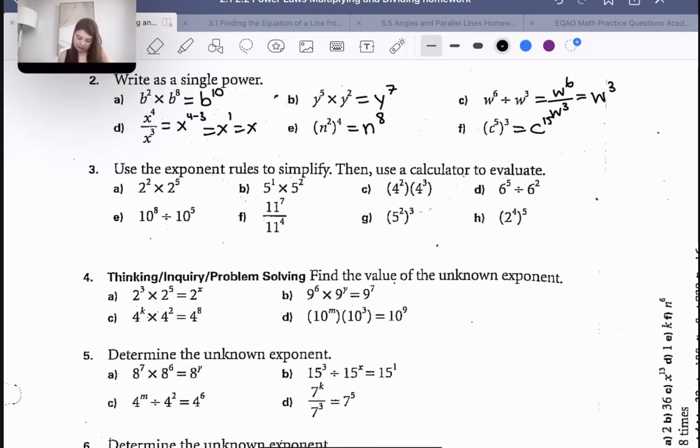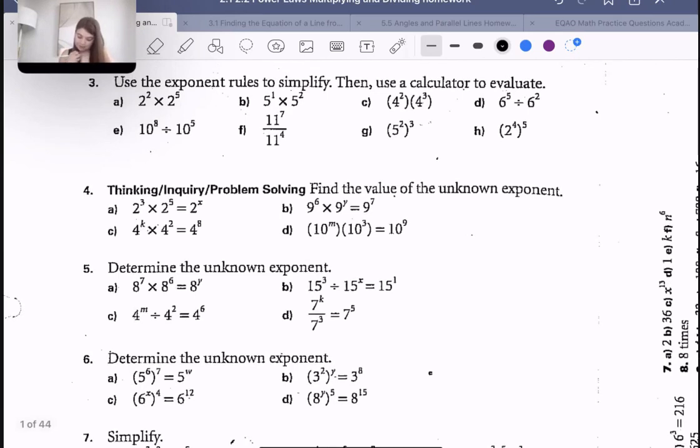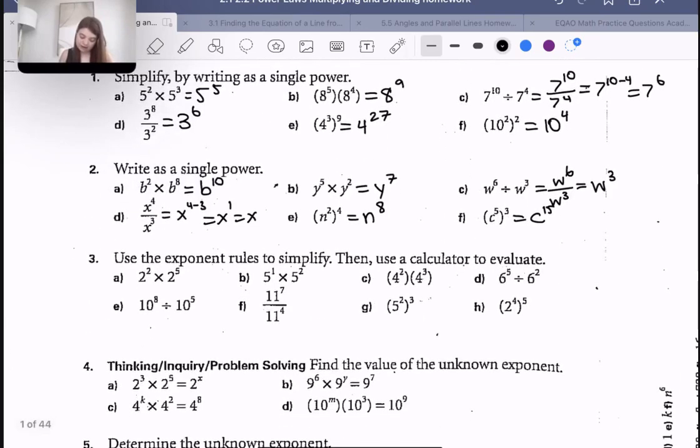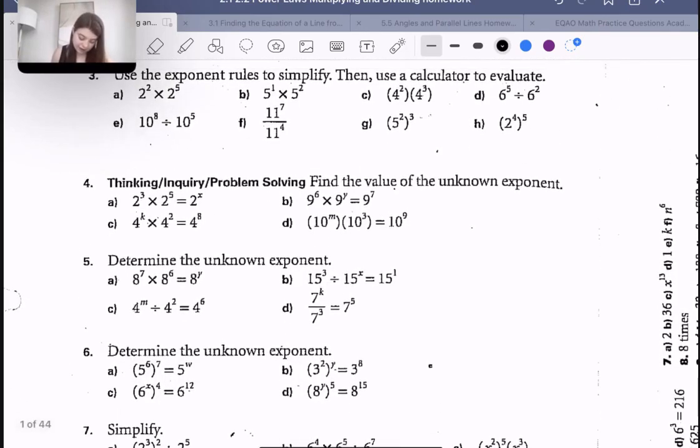All right, let's move on to number 3. It says use the exponent rule to simplify, then use a calculator to evaluate. So this is different from number 1 in that here they just wanted it as a single power. Now they actually want us to evaluate. So there will be a third step here where we put it into our calculator and find out what the answer is. But we can't just directly put it in our calculator.